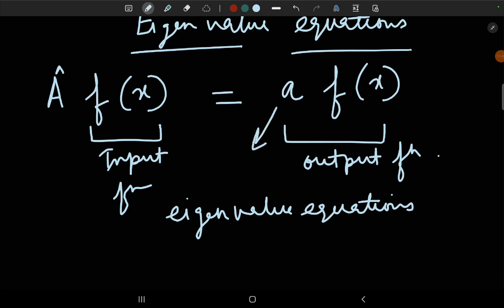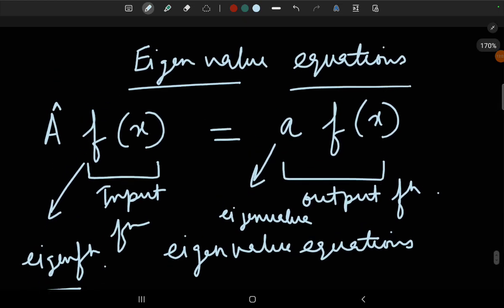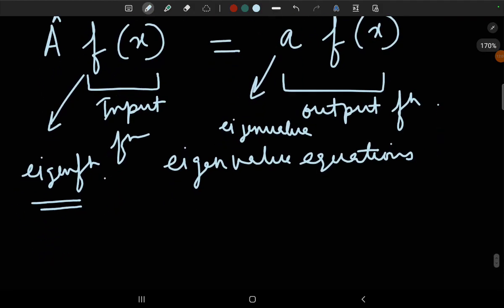So this a is referred to as the eigenvalue, and this f is referred to as the eigenfunction. This is the only thing that we need to know here. We must be able to identify which is the eigenfunction and which is the eigenvalue.